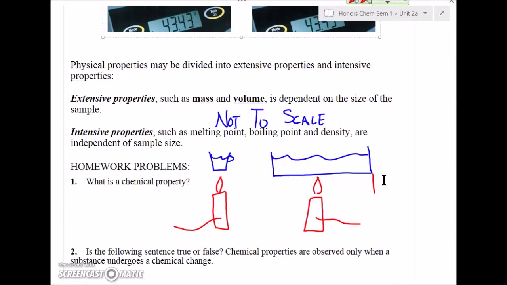The coffee cup amount of water or the swimming pool amount of water? Coffee cup. We all have seen that before. This is an extensive property. It's based on how much you have, the volume, the mass, things that can change without changing the substance. So getting the substance to boil is an extensive property.